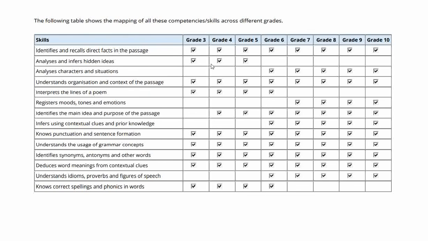Certain skills begin in the early classes. And let us see: identifies and recalls direct facts in the passage, analyzes and infers hidden ideas, analyzes characters and situations, understands organization and context of the passage, interprets the lines of the poem, registers moods, tones, and emotions, identifies the main idea and purpose of the passage, infers using contextual clues and prior knowledge, knows punctuation and sentence formation.